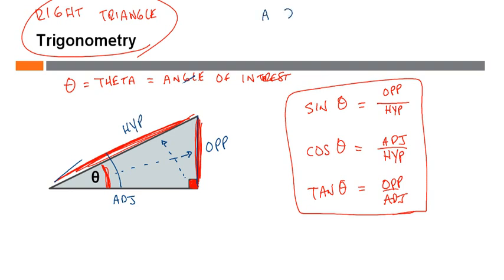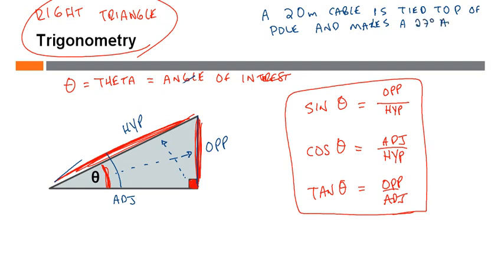A 20-meter cable is tied to the top of a pole and makes a 27-degree angle with the ground.